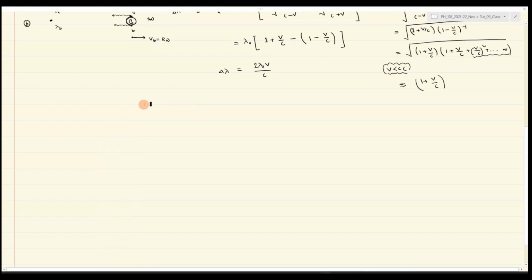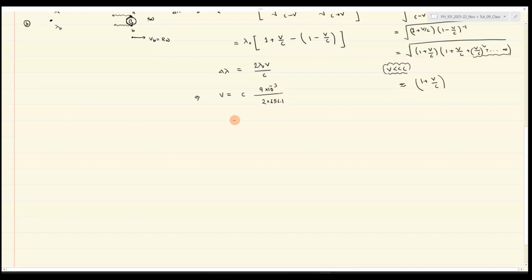Now we put the values. We want to calculate V. So V is equal to C into delta lambda, which is given to us as 9 into 10 to the power minus 3 nanometer. It was given as 9 picometer, so I am writing it as 9 into 10 to the power minus 3 nanometer, divided by 2 into 656.1 nanometer.